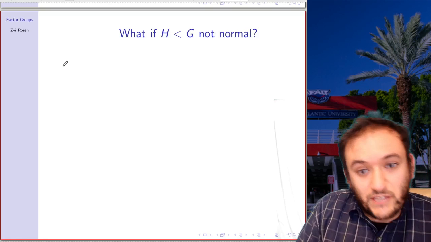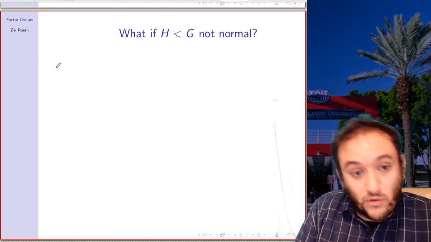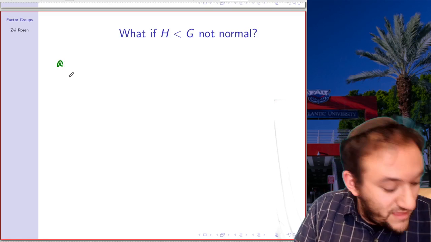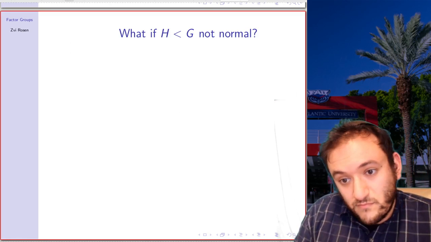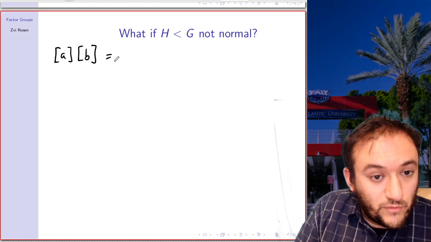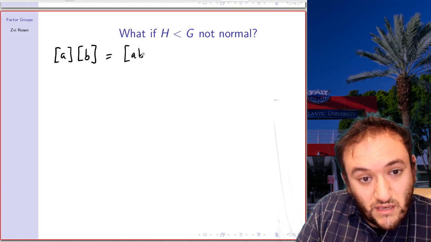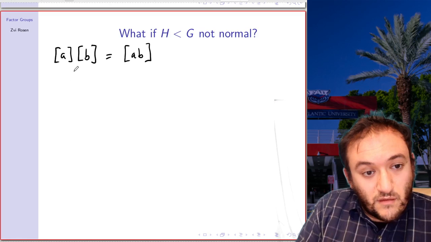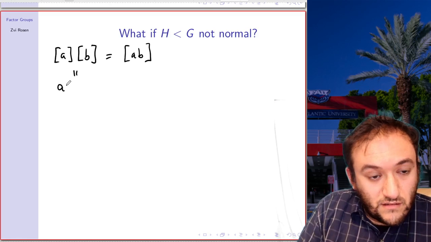So if we have H, a subgroup of G, which is not normal, and we're trying to do the same thing, so if we have aH and bH, and we claim this will be equal to abH.